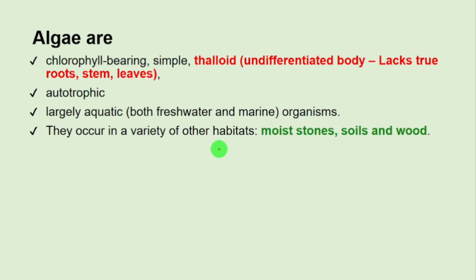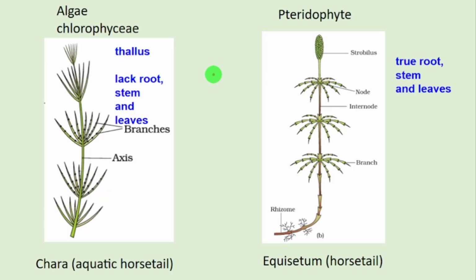They occur in a variety of other habitats, moist stones, soils and wood. So this word moist is important. Now focusing on this term thalloid, the first example which I want to discuss is Chara.